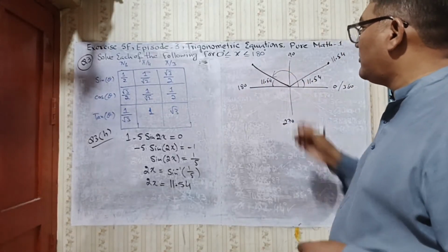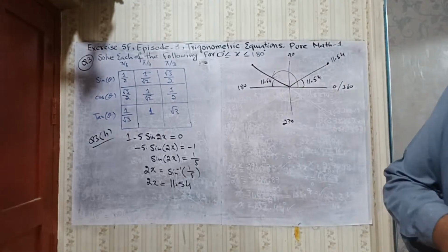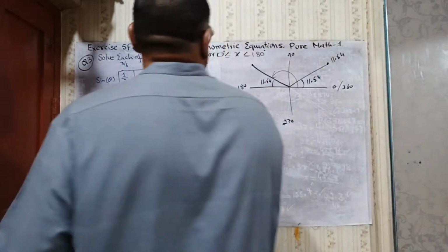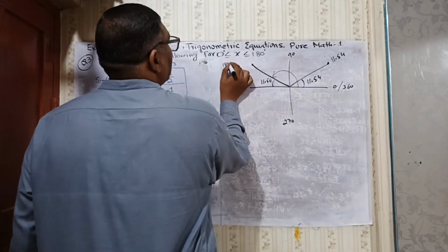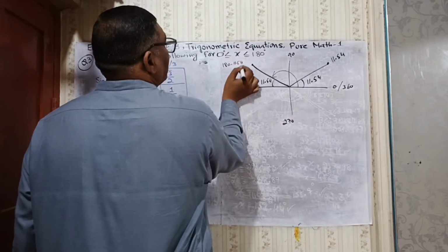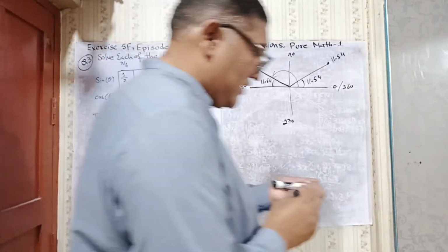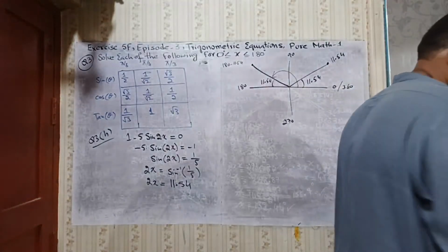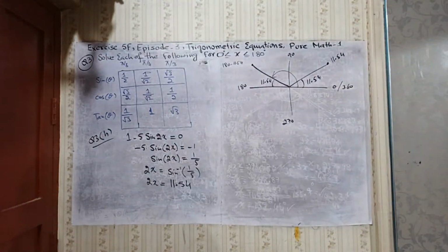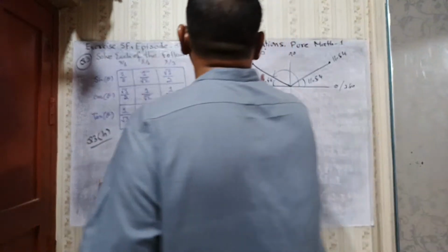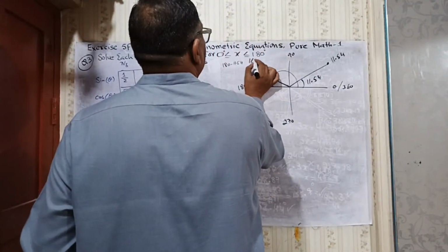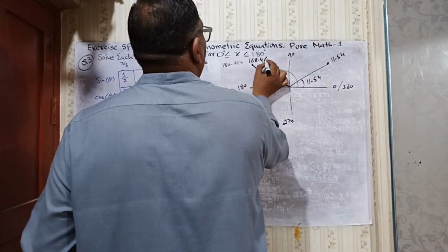This will be 180 minus 11.54. So when I do this, 180 minus 11.54, that is 168.46. This angle will be 168.46.